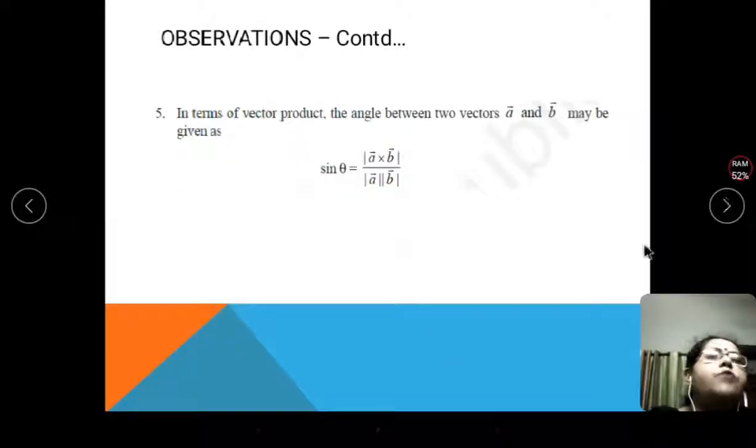Okay, and the last one in this list, see that now from the definition of the vector product, the angle between the two vectors, theta, can be obtained from this expression.